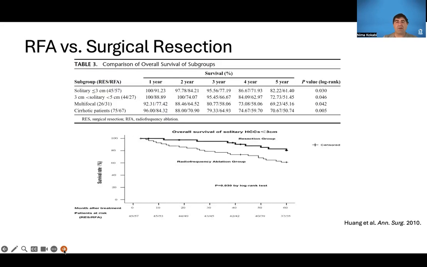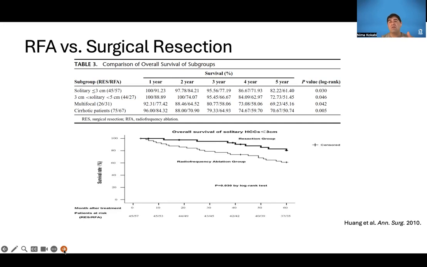These are some Kaplan-Meier curves looking at that, and that held true even for small HCCs that were less than 3 centimeters. Still in that cohort, the survival rate was significantly better in the surgical group versus the RFA group.